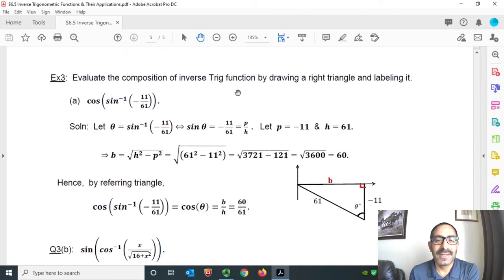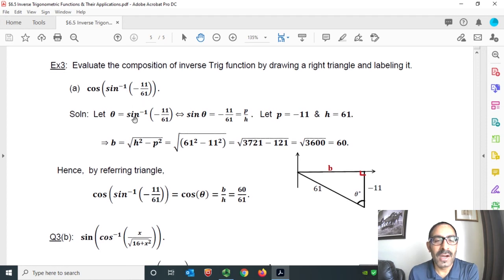Example 3. Evaluate the composition of inverse trig functions by drawing a right triangle and labeling it. Part A. Cosine of sine inverse -11/61. Begin the solutions. Let's assume this inside function equals theta.